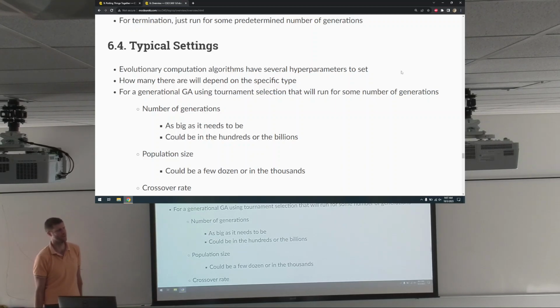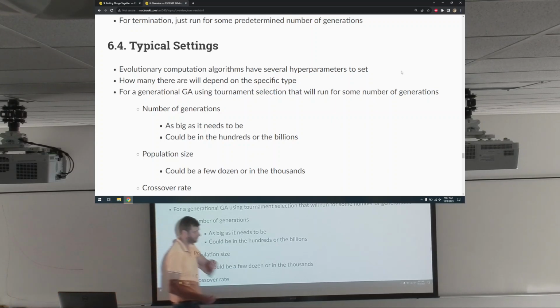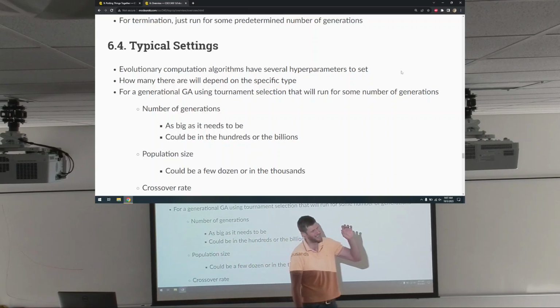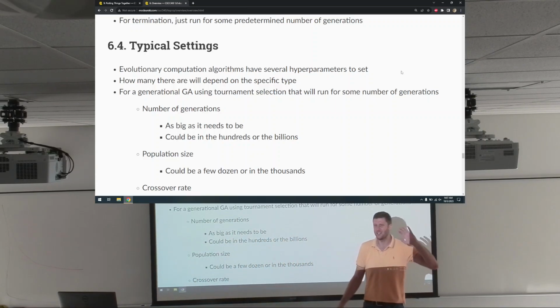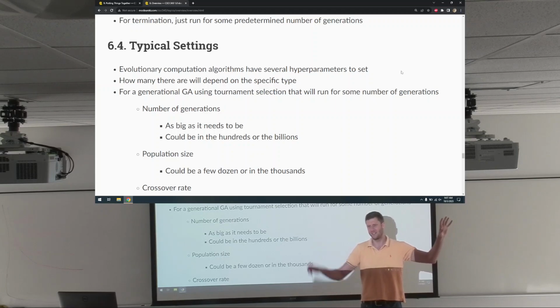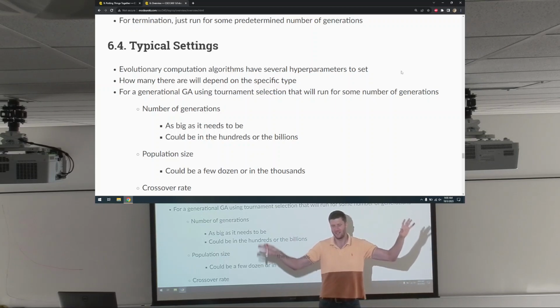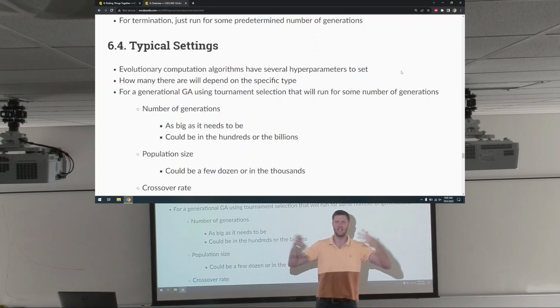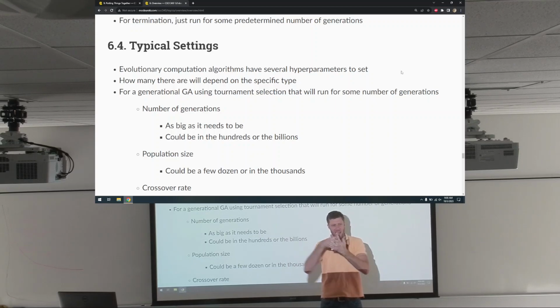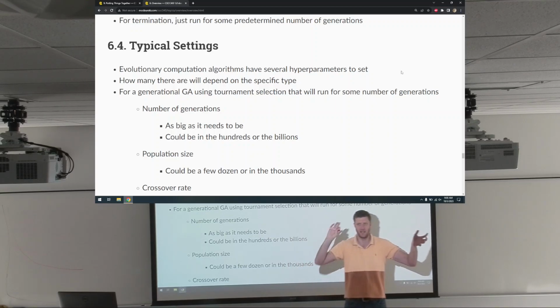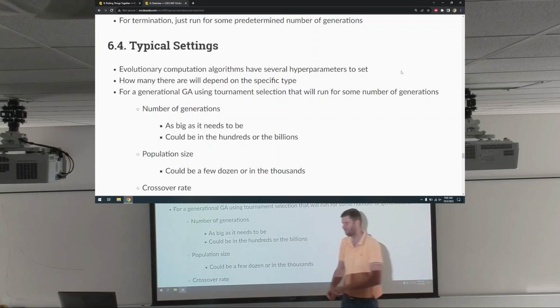Similarly with population size. How big is it? Well, depends. Now the tricky thing with all these values though is the decision for one value will affect the decision for another value. These things are so interconnected in how they play that when you change one, you might need to change the other a little bit.